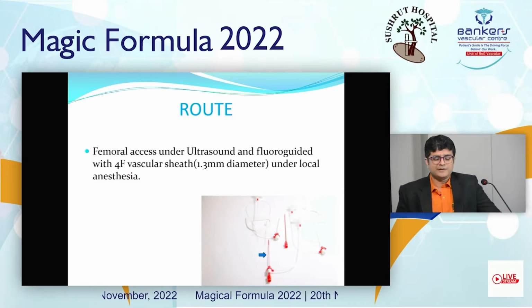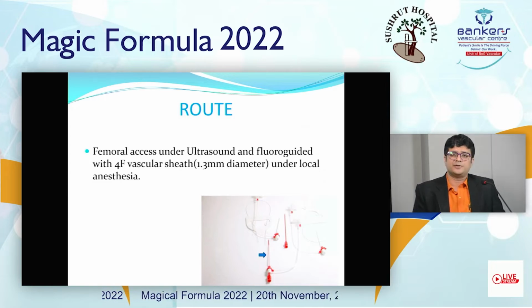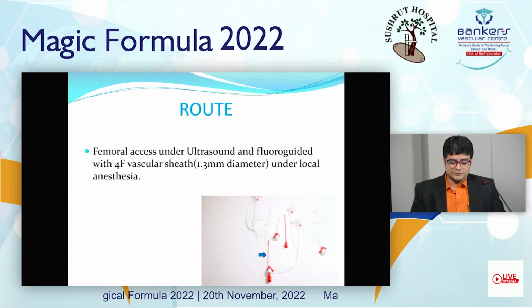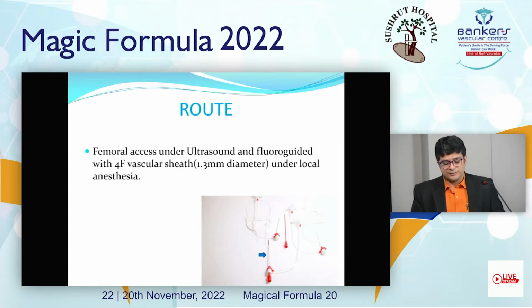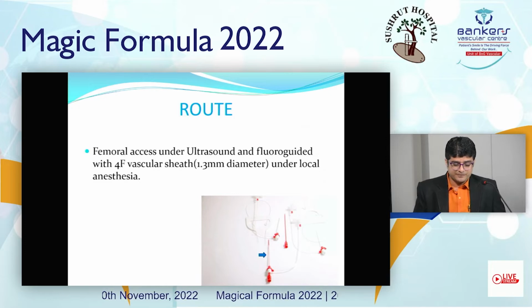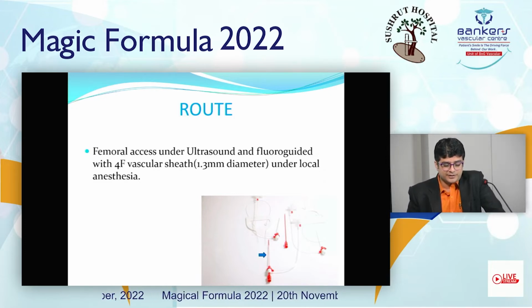After proper evaluation, and if there is correlation between the tenderness and the osteoarthritis, if the osteoarthritis is early and moderate, like grade 2 and 3, we take the patient for genicular artery embolization for knee pain. We take femoral arterial access, that is in the groin, under ultrasound and fluoro guidance with a 4 French sheath.